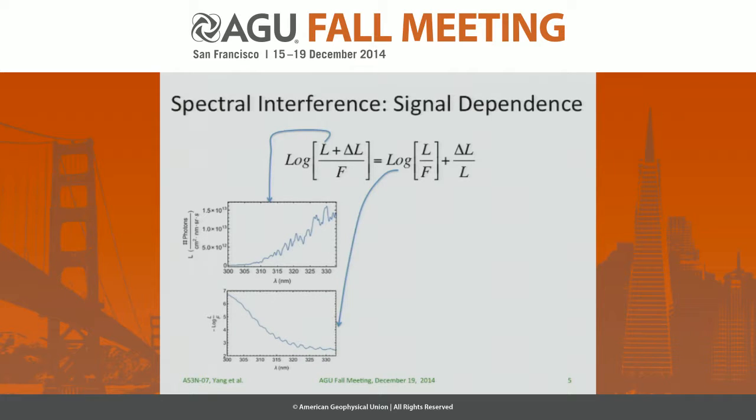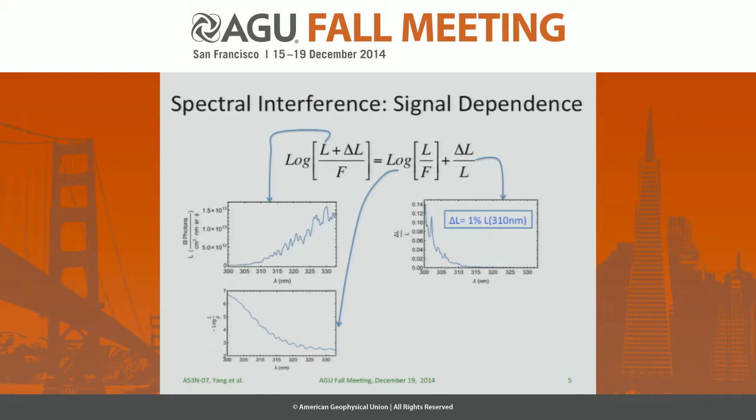With an additional term, a straight line, for instance, let's assume a very simple straight line that is constant everywhere, equal to 1% at 310 nanometers. That would be the spectral signal introduced into the measured spectrum.